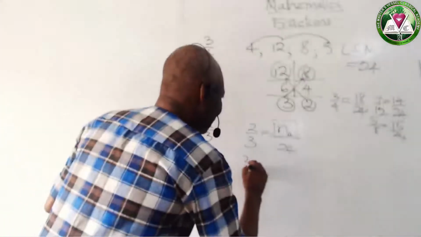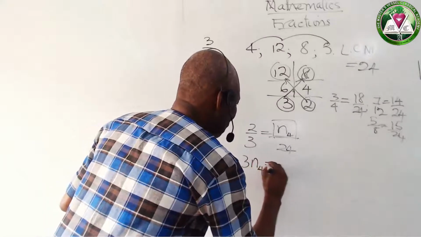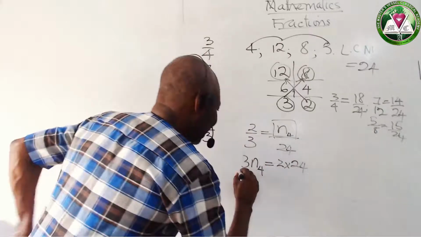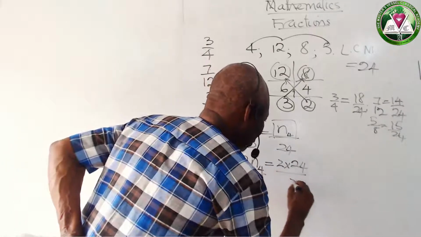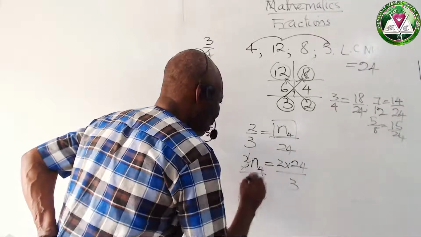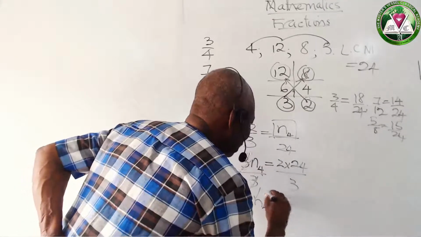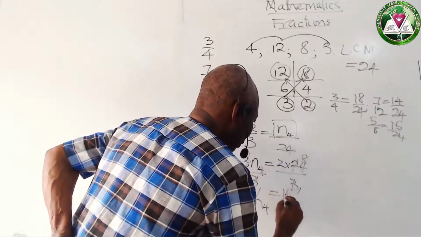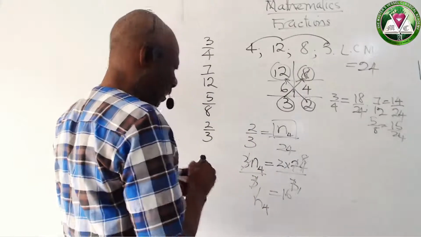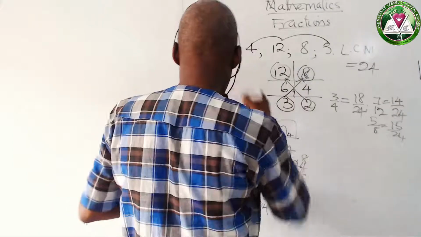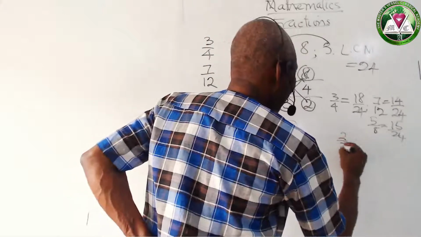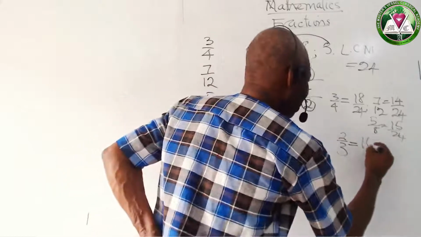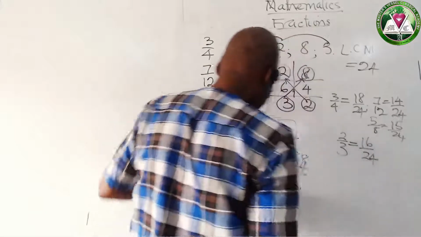Cross multiplying again, 3 n4 is equal to 2 times 24. The coefficient there is 3, so divide by 3, divide the other side also by 3. 3 here 1, 3 there 1. n4 is equal to 3 into 24, 8. 8 times 2, 16. So the last fraction, 2 over 3, its equivalent fraction with denominator 24 will be 16 over 24.